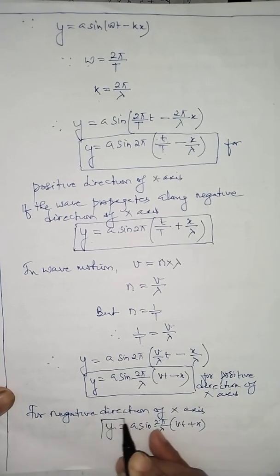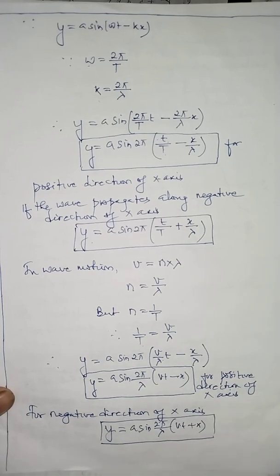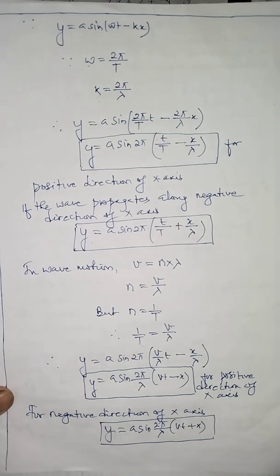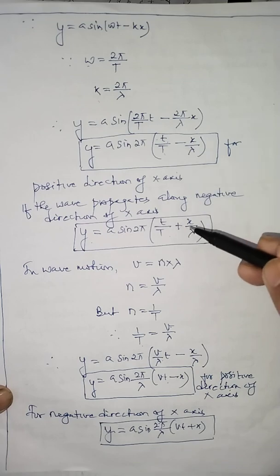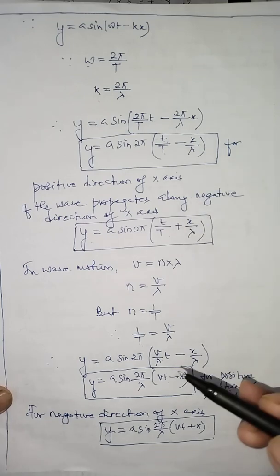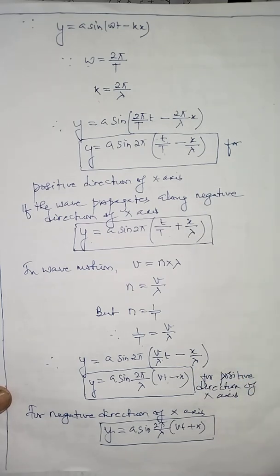Just see how many equations I derived. In total, 3 equations for plane progressive harmonic waves traveling along the positive direction of the x-axis, and also 3 equations for waves traveling along the negative direction. These are all the displacement equations of a plane progressive wave traveling along the positive as well as the negative direction of the x-axis.